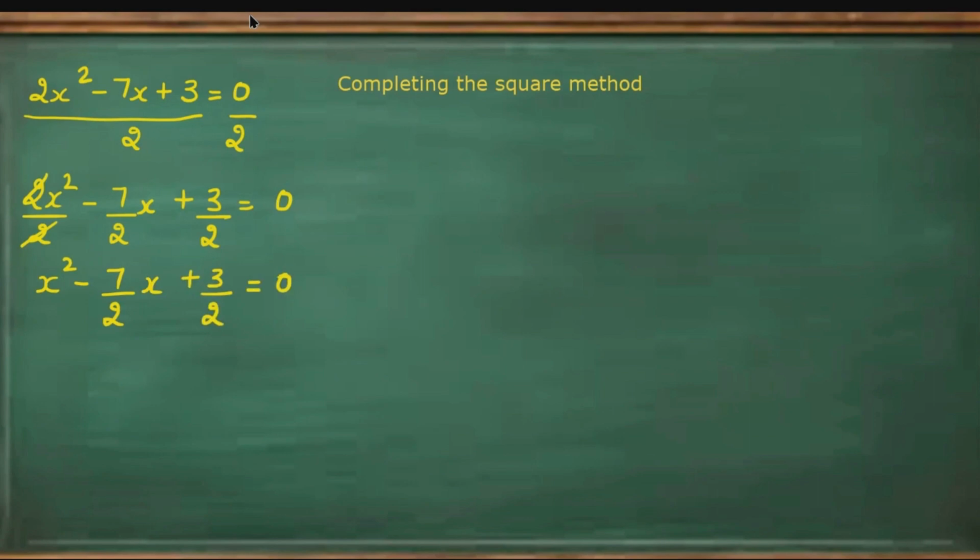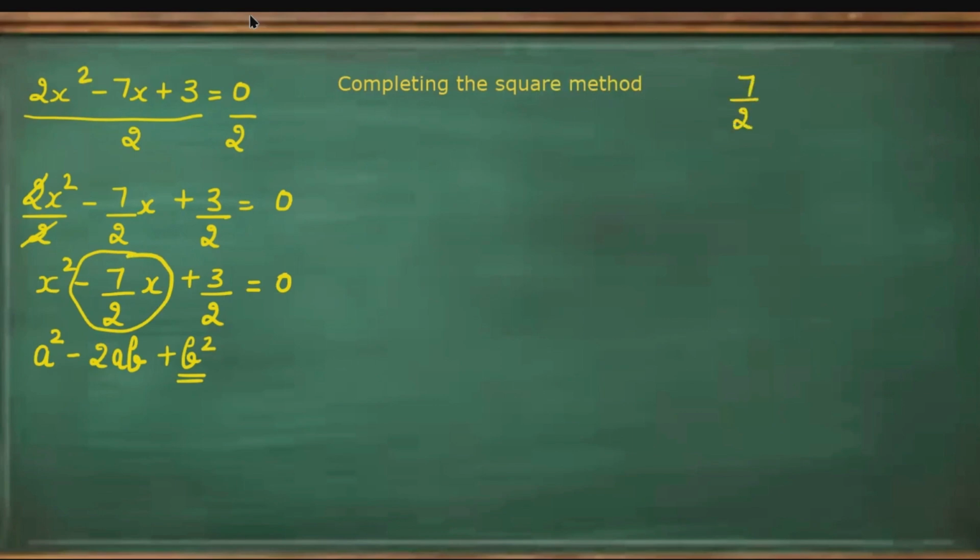Now, if you see, we have a square minus 2ab, but we don't have the value of b square. To find the value of b square, we always need to divide the term which we have already taken as 2ab by 2.